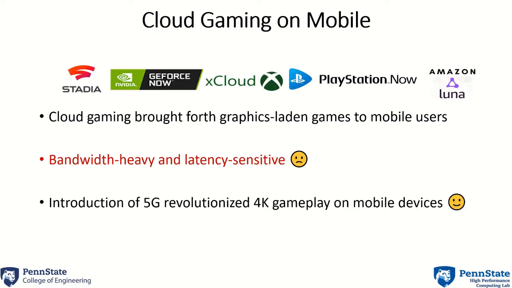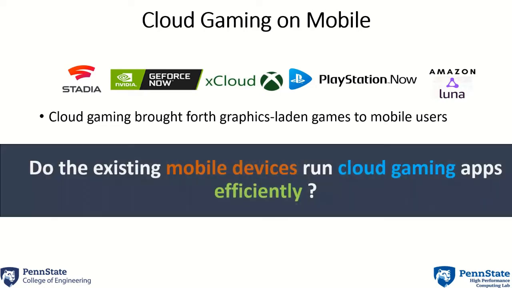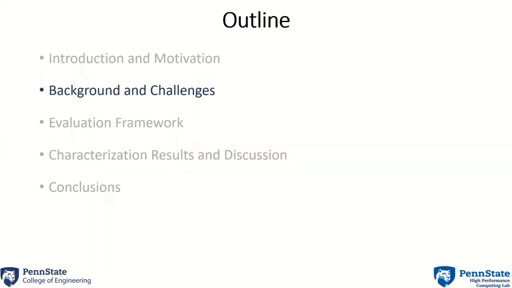Luckily, the introduction of 5G, which promises Gbps data speed and sub-millisecond latency, has revolutionized 4K gameplay on mobile devices. However, there is a limited understanding of how these apps perform on mobile devices. Towards this, in our paper, we work to address the question, do the existing mobile devices run these cloud gaming apps efficiently?